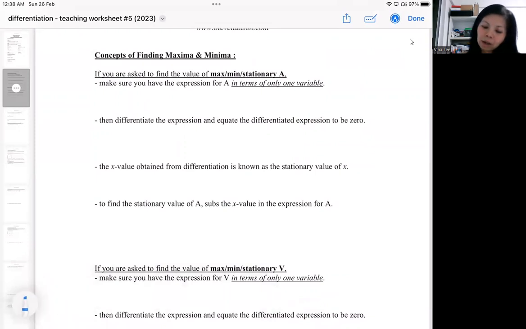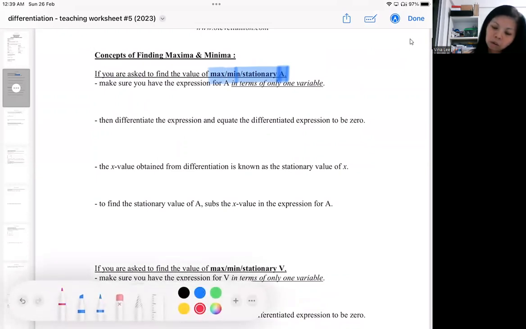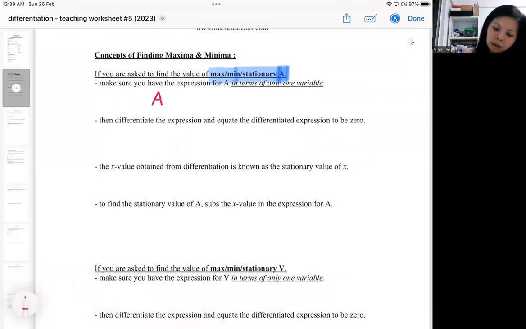So the question can be asking you to find the maximum surface area, or the minimum surface area, or stationary surface area. If the question is asking you for this, you have to make sure you have the area with only one variable.